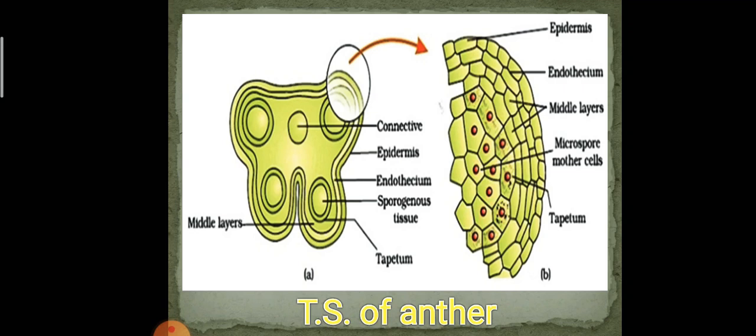That TS of anther shows the development of microsporogenesis, a process carried out in a particular way to develop a male gametophyte. We will discuss how the male gametophyte is formed, but before that we have to study the formation of pollen grains. Pollen grains are produced inside the pollen sac.